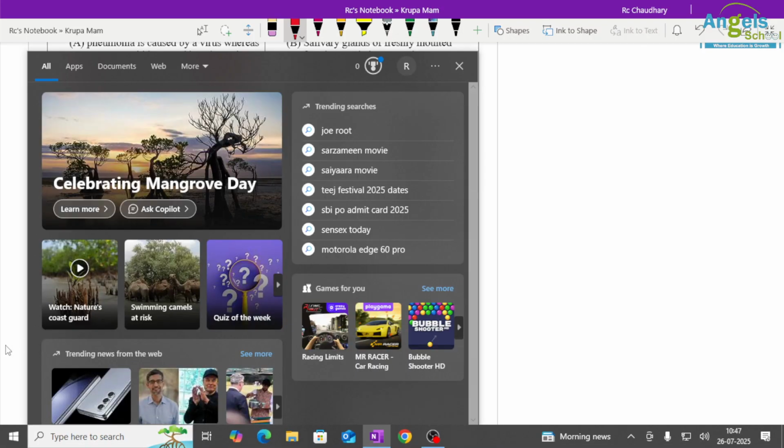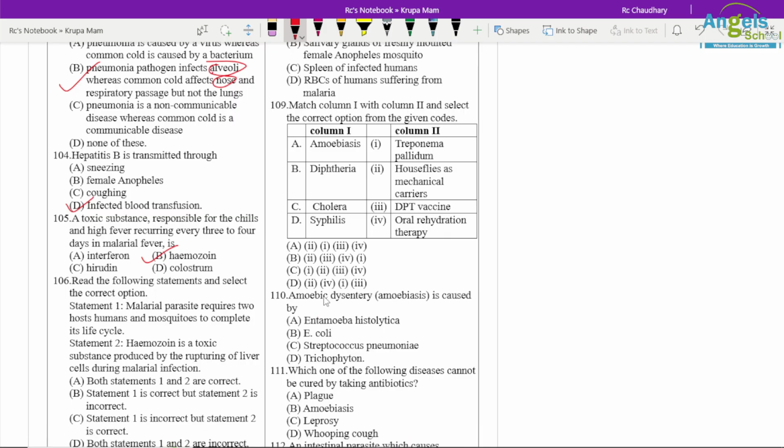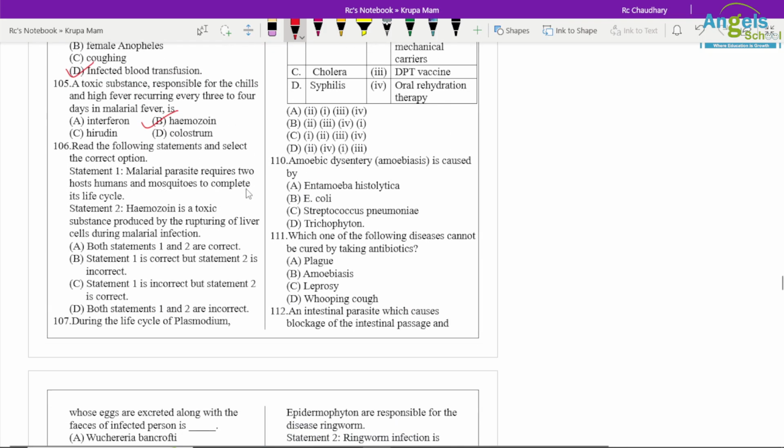Malarial parasites require two hosts, human and mosquito, to complete life cycle, correct statement. Hemozoin is a toxic substance produced by rupturing of liver cells. So liver cell is wrong. It is rupturing of RBC or hemoglobin. Statement 1 is correct, but statement 2 is incorrect. Option B is correct.